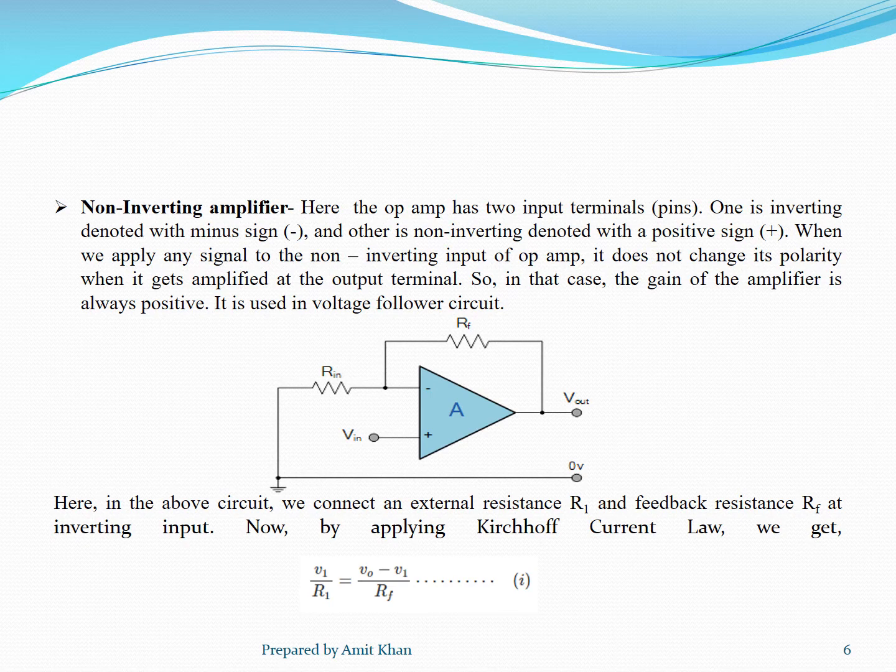So we can write V1 by R1 equals V0, that is V output, minus V1 by Rf, by applying Kirchhoff's current law.